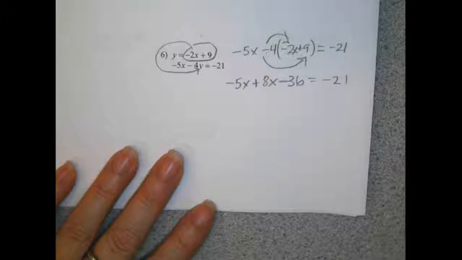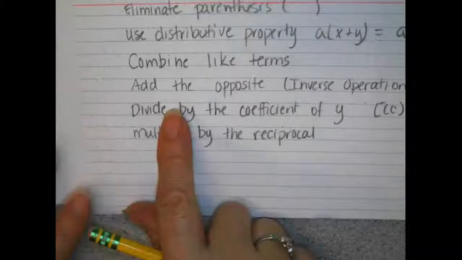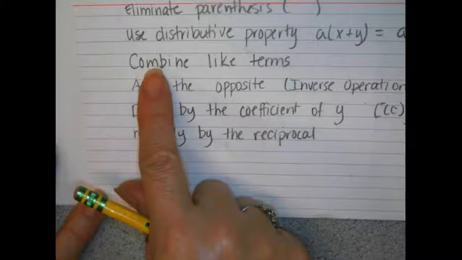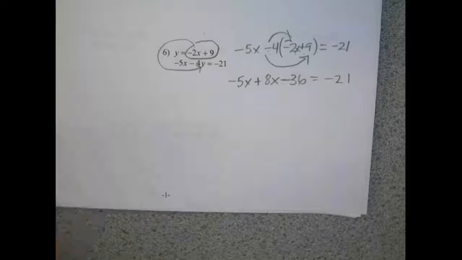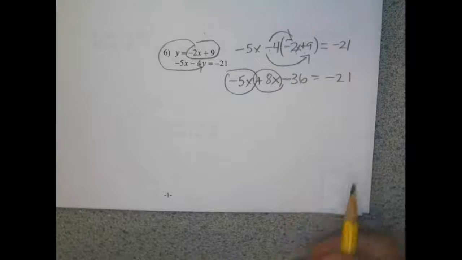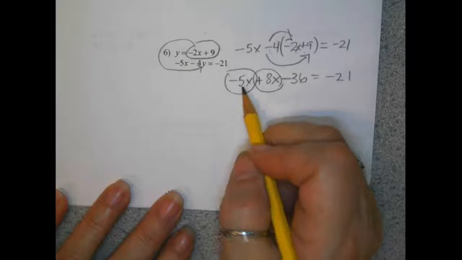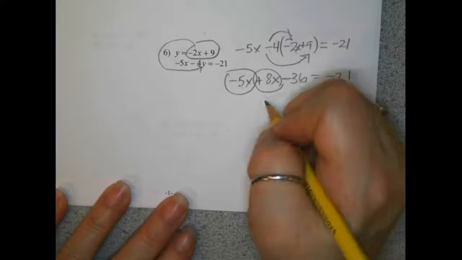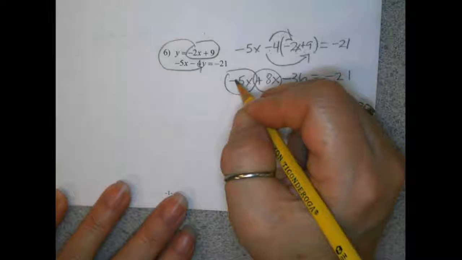So now, what's my next step? Okay, don't forget that step. Do I have any like terms here? Yeah. I have a negative 5x and a positive 8x. So 8 minus 5 is what? 3.